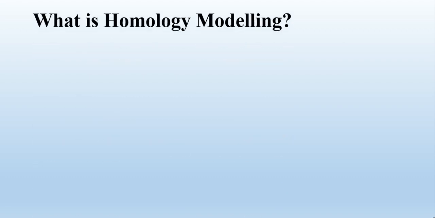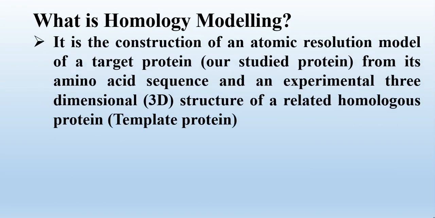In this video, we will talk about homology modeling. But first, we need to know what homology modeling is. Homology modeling is the construction of an atomic resolution model of a target protein, the target protein on which we are working, from its amino acid sequence and an experimental three-dimensional structure of a related homologous protein template.